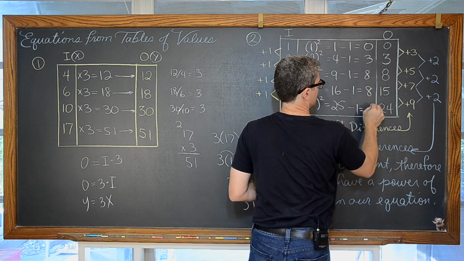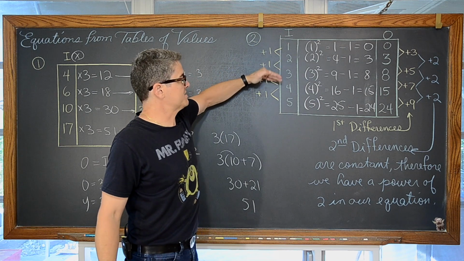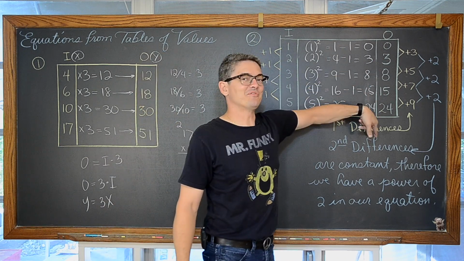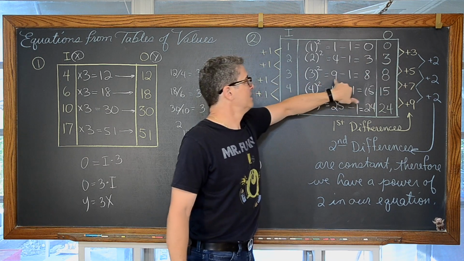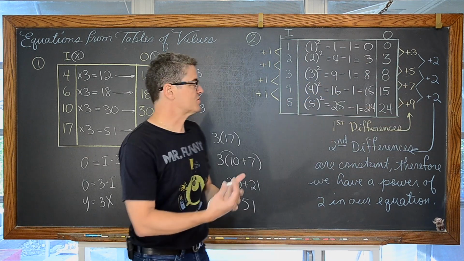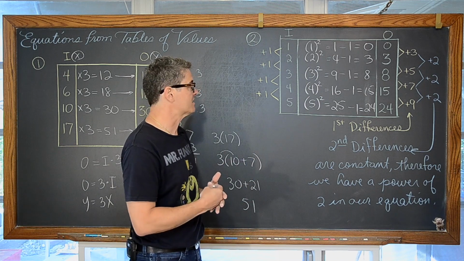I have found a process that gives me, for every single one of these input values, the output value. 1 minus 1 is 0, 4 minus 1 is 3, 9 minus 1 is 8, and I'm creating that process and checking at the same time.